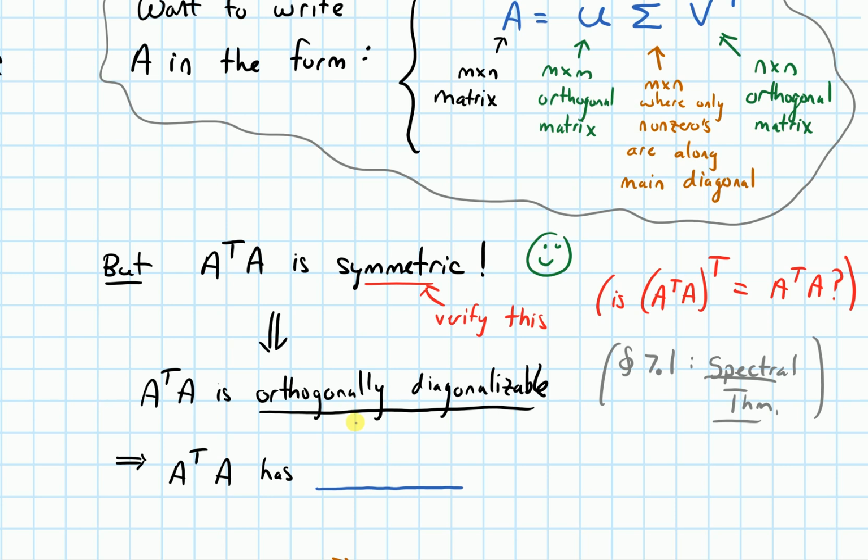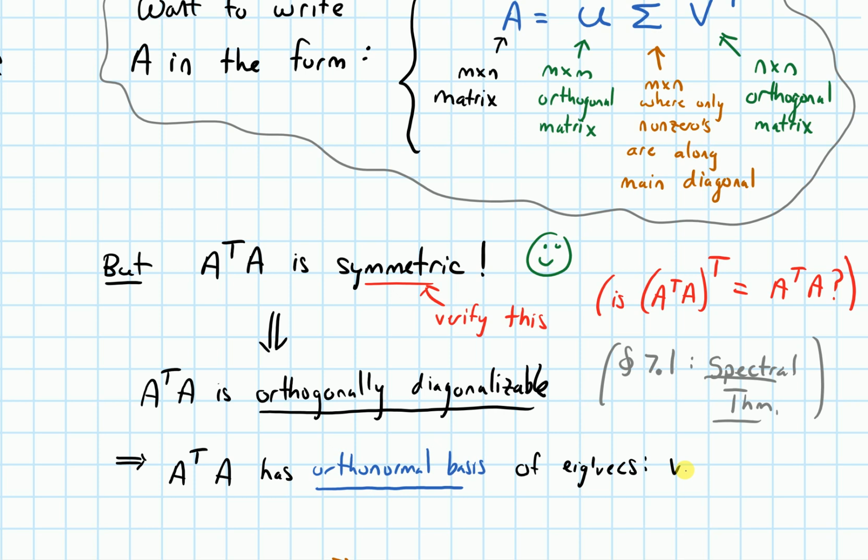One of the things that meant was it's diagonalizable, so we can find a basis of eigenvectors. And moreover, we can find an orthonormal basis of eigenvectors. So A transpose A has an orthonormal basis of eigenvectors.